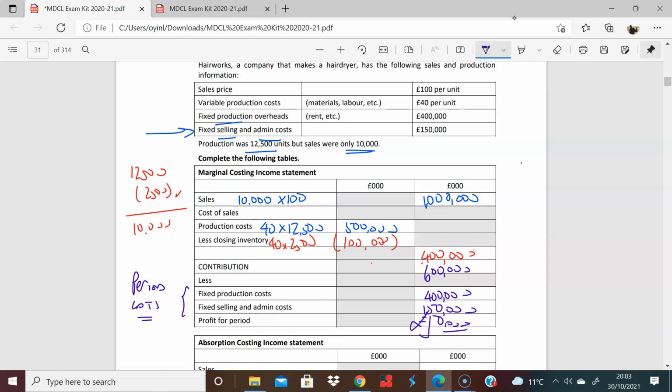Right, so you have that. Now let's look at absorption costing. With absorption costing, the key point here is that I will absorb this 400,000 over the number of units I actually produce. That's 400,000 divided by 12,500, giving you a fixed overhead absorption rate of 32 pounds a unit, which will be absorbed every time you make a unit.